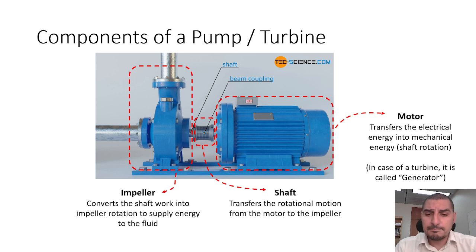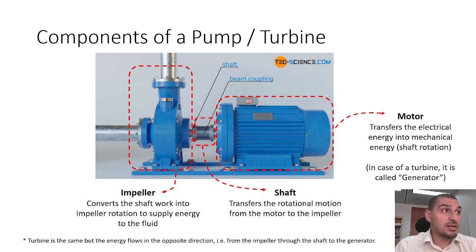So this is the pump. The turbine is the same, but the energy flows in the other direction, meaning that the mechanical energy flow comes from here and exits from here. It rotates the impeller very quickly.